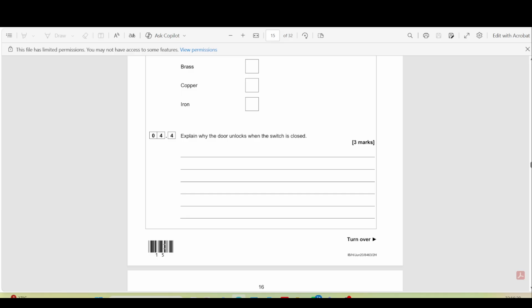Current creates a magnetic field around the solenoid, which makes the iron core into an electromagnet.